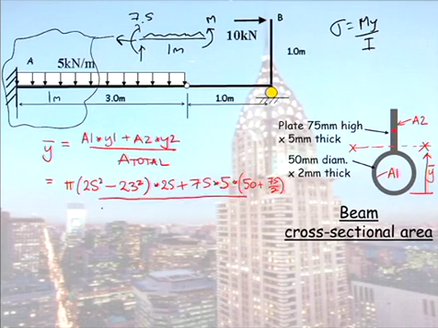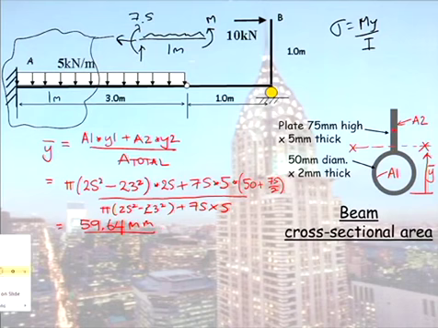Then we divide that by the total area. And we get a value out of here of 59.64 millimetres, which does place it above the circular hollow section. Any questions so far, or so far so good?